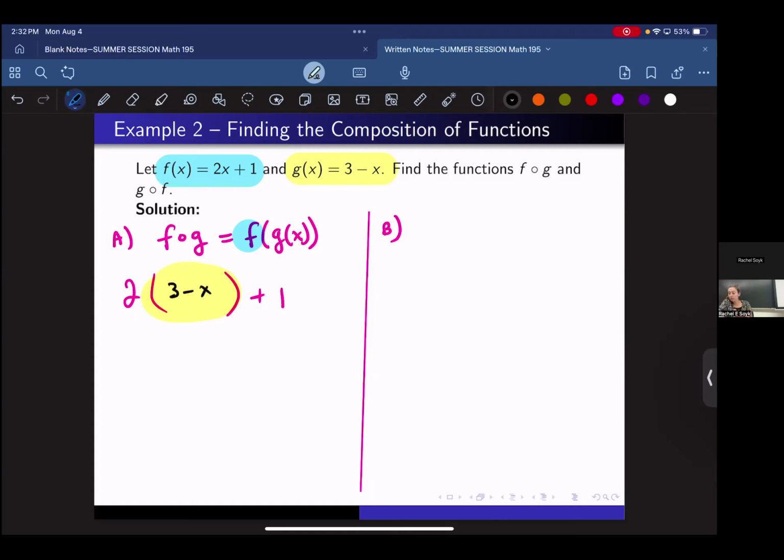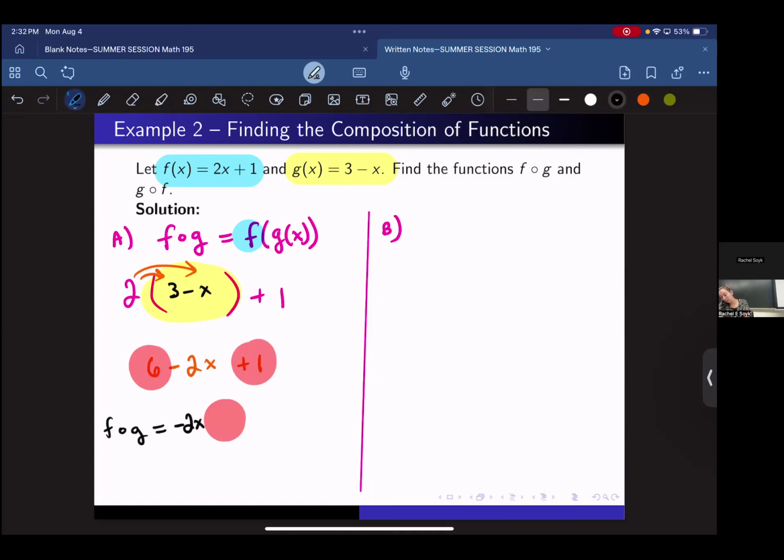And now from here, it's just simplification. Utilize your knowledge of distributive property, combine like terms, and then you're good to go. 2 times 3 gives you 6, minus 2x plus 1. Combine some like terms. 6 plus 1 gives you 7. So therefore, your f of g is just negative 2x plus 7. And then you're done.